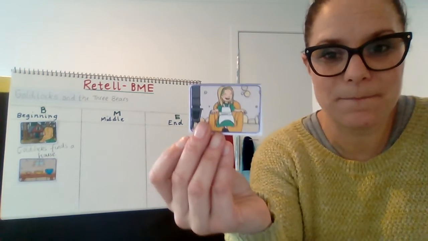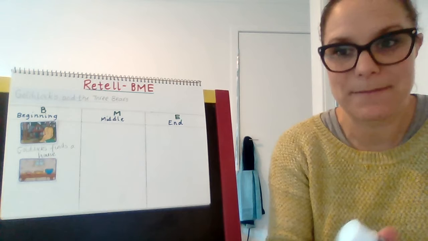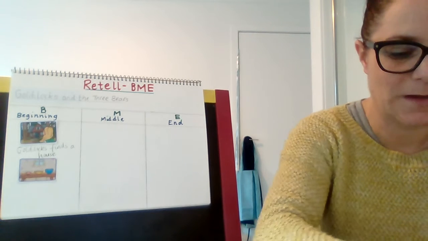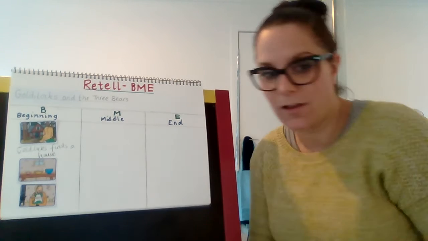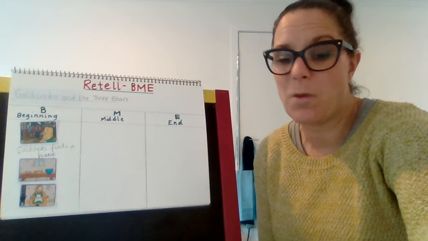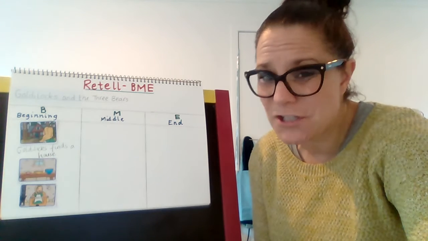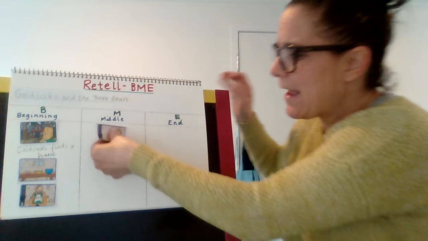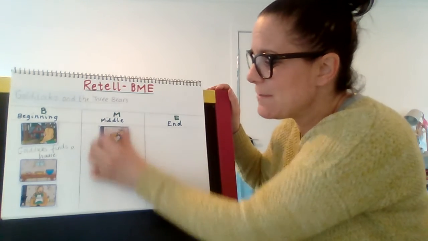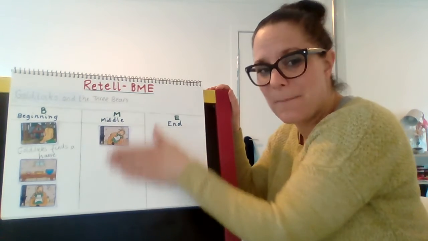Now, the chair bit is a problem, and that problem happens in the middle. She sits on the chair. There's Goldilocks sitting in the chair. And what happens? What did you say? Yep, she breaks that chair. Oh, I don't think Baby Bear is going to be very happy about it.